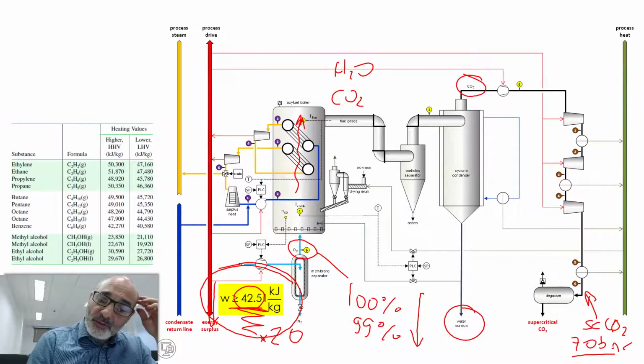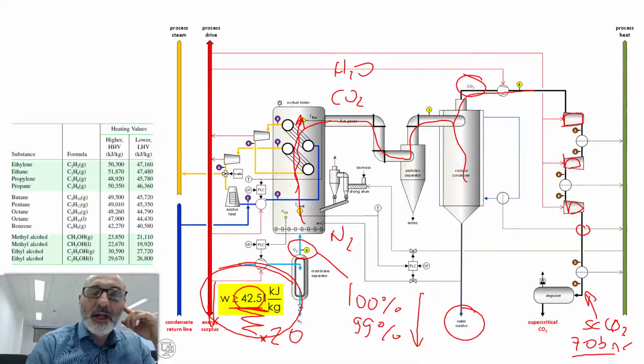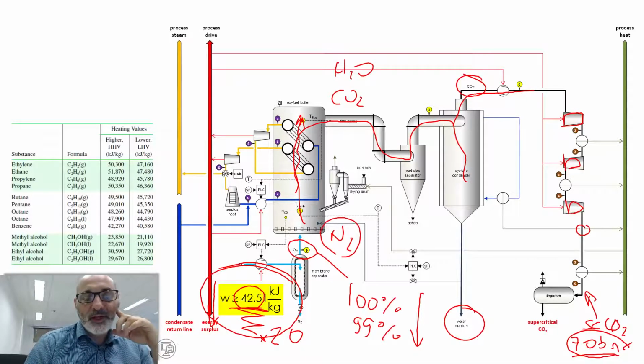Why can we do this? Because when we compress CO2 here, those are the compressors, if I have some small amounts of nitrogen in the process, it's going to pass, and it's not going to liquefy here because the pressure is too low for nitrogen to condense. So that's why we have non-condensables being rejected here.